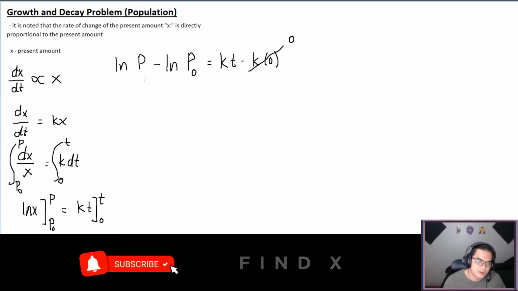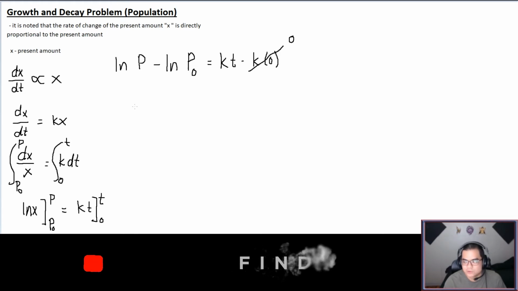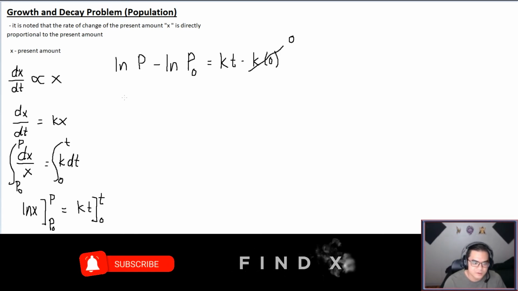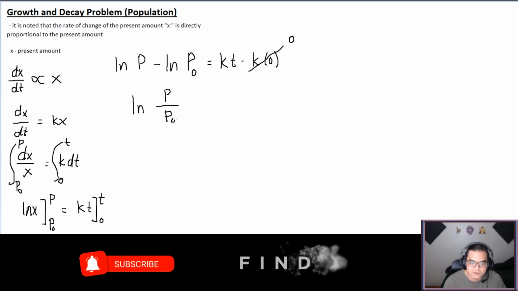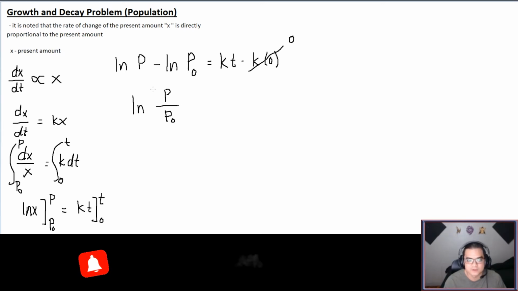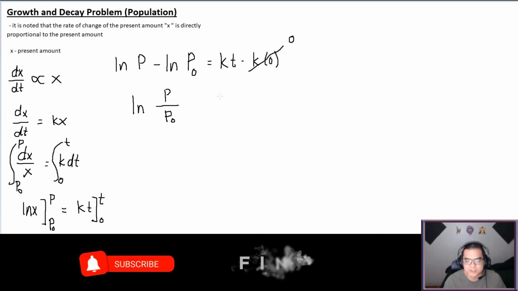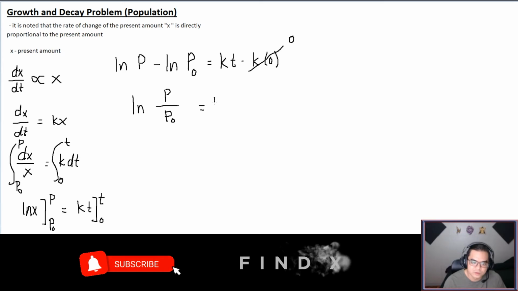Now if you apply the laws or properties of logarithms, you can represent ln p minus ln p0 as ln of p over p0. If it is subtraction, it becomes division, and if it is addition, it becomes multiplication. So this is equal to kt.